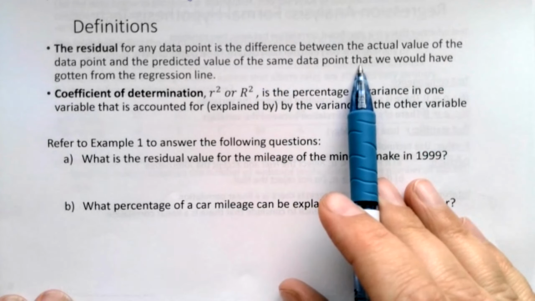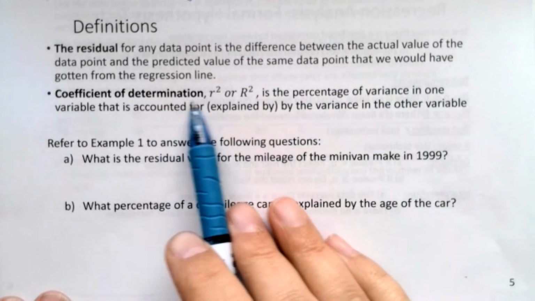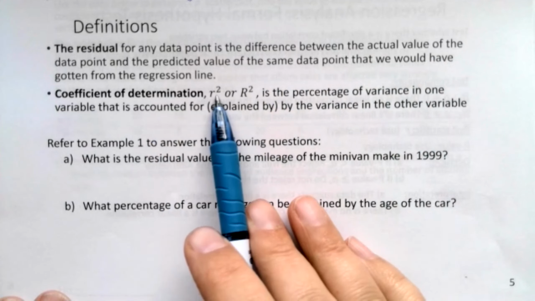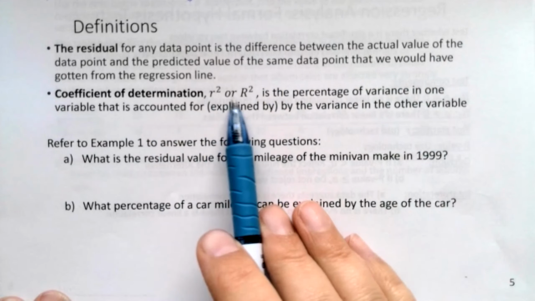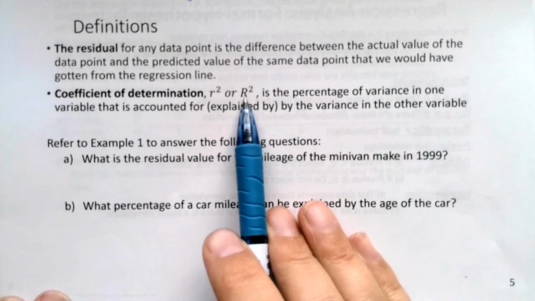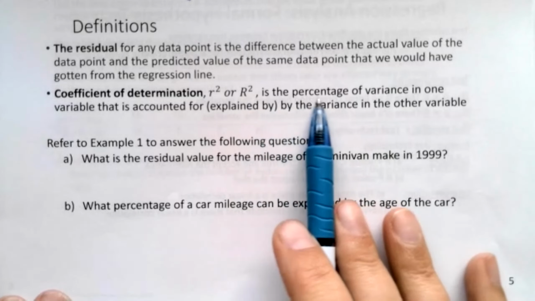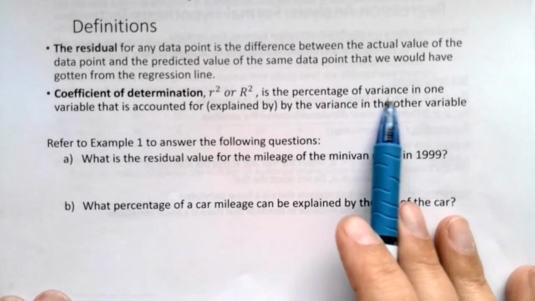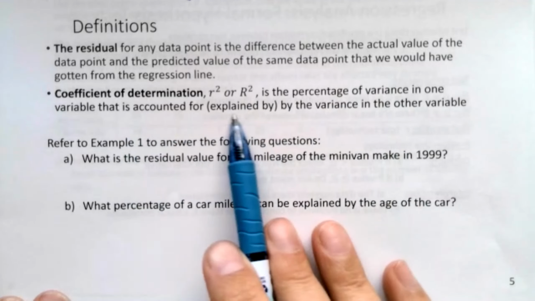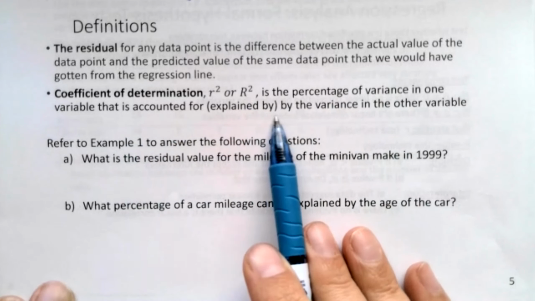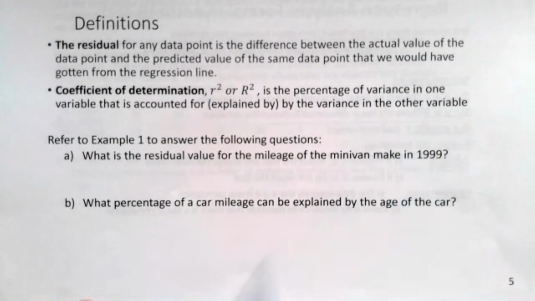Okay, so we already talked about it. Let's talk about the coefficient of determination. R squared, lowercase r squared, or in StatCrunch, it's actually an upper case R squared, is the percentage of variance in one variable that is accounted for or explained by the variance in the other variable.